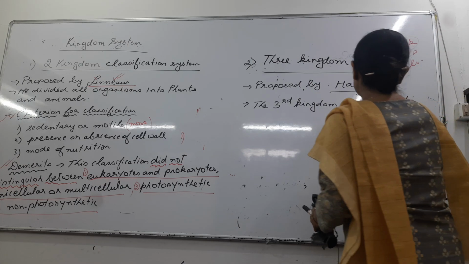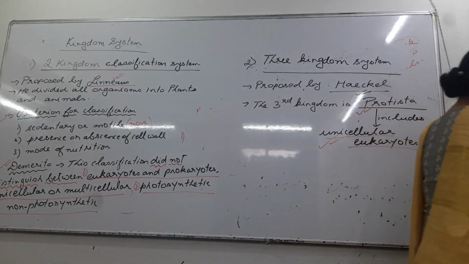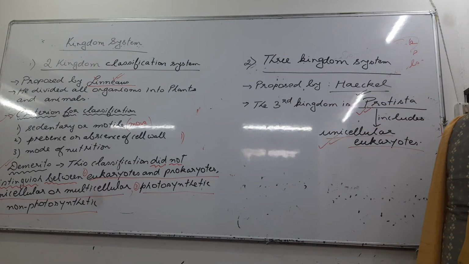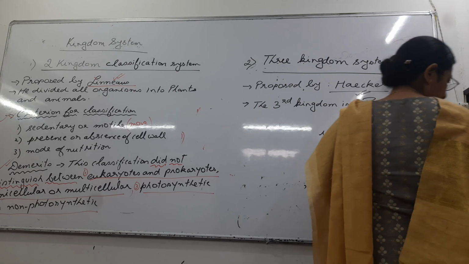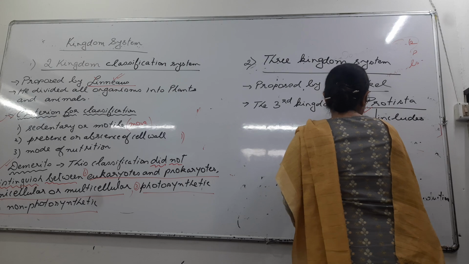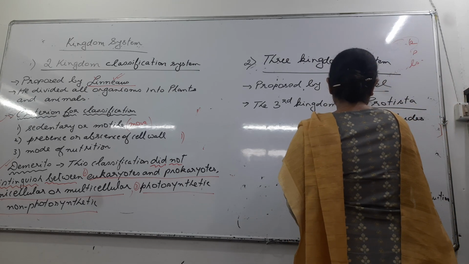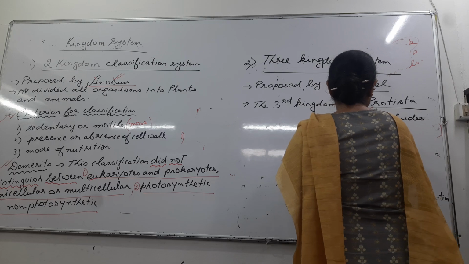What is the third kingdom important? Third kingdom Protista is a kingdom of unicellular organisms বুলি লিখিলে হ'ব, eukaryotes লিখিলে হ'ব, unicellular. বাৰু, unicellular eukaryotes.